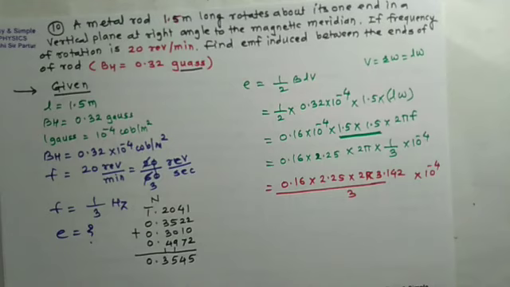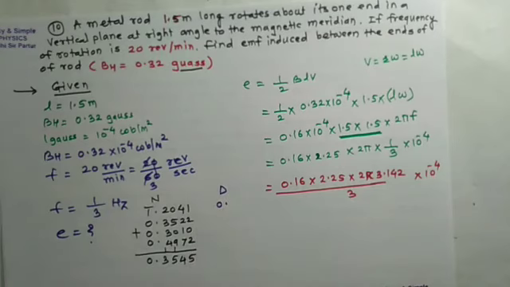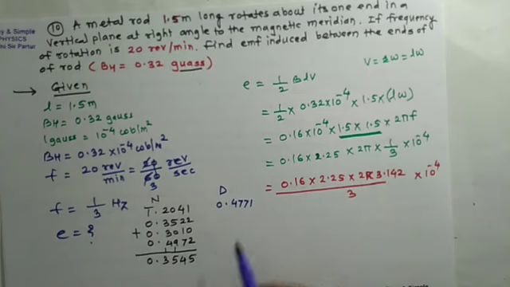And the denominator has characteristic 0. For 3 it will be 0.4771. So minus 0.4771.